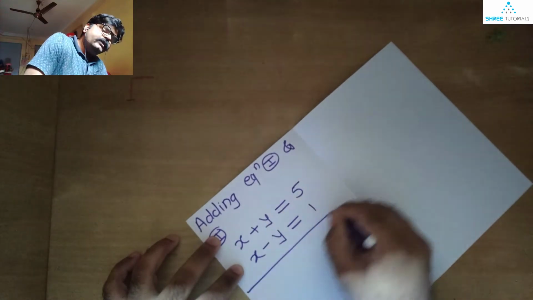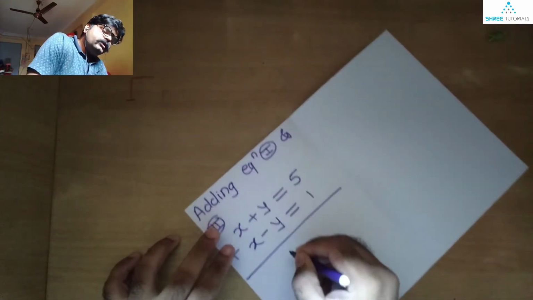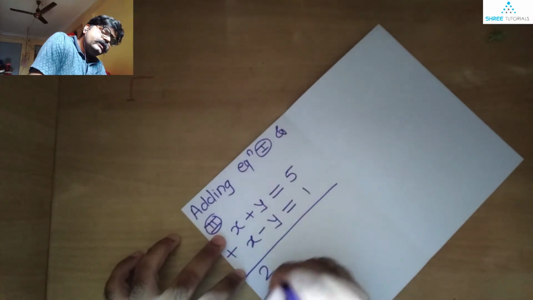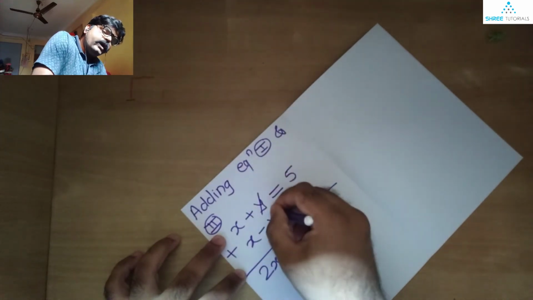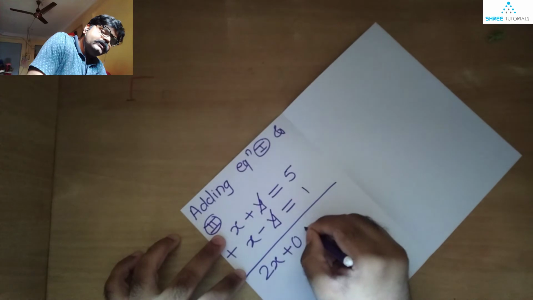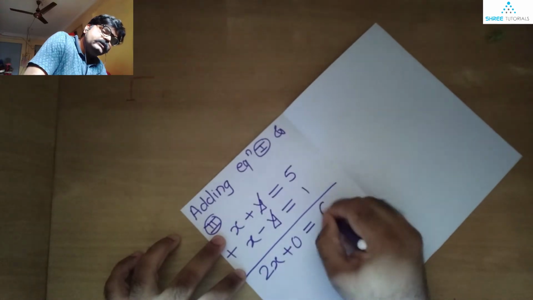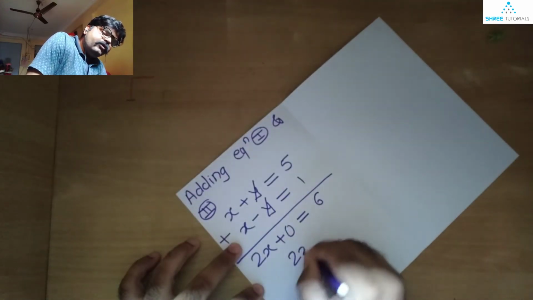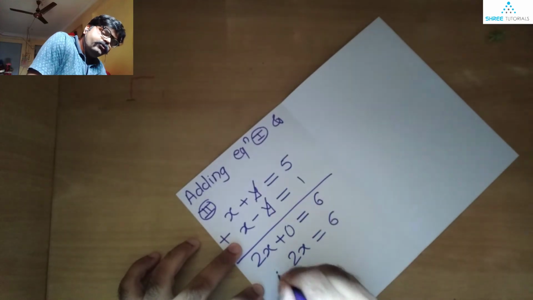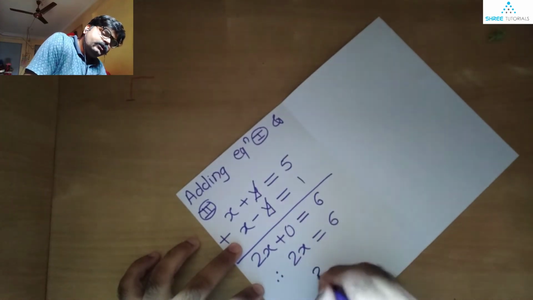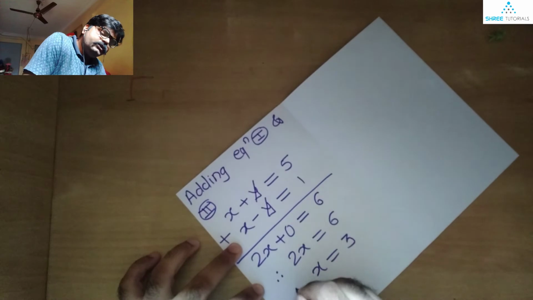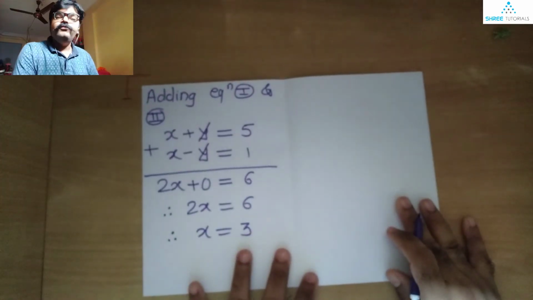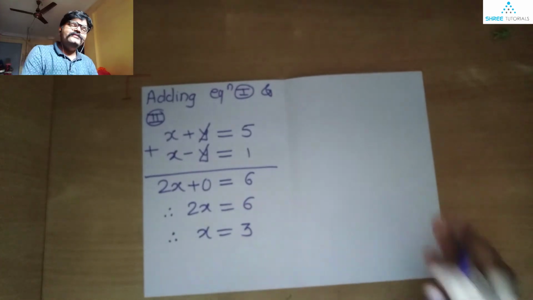We are adding these two equations. So therefore x plus x, that should be 2x, y and y they will get cancelled, therefore 0, equal to 6. We are after x's value, therefore x is equal to 3. That is the first important value we have received so far.